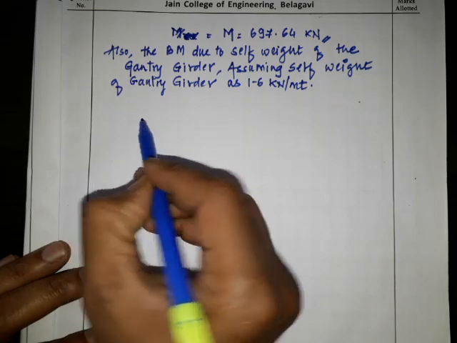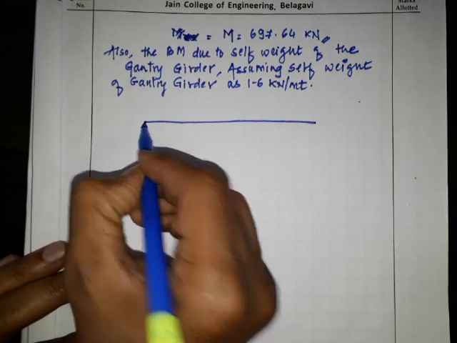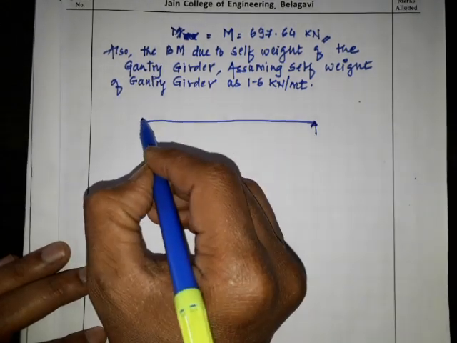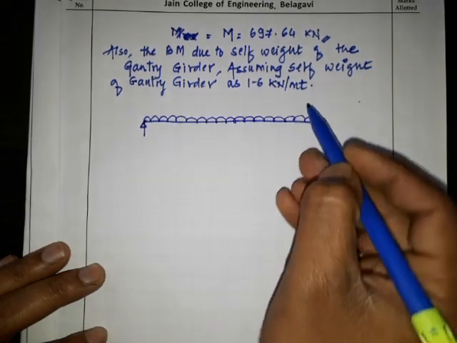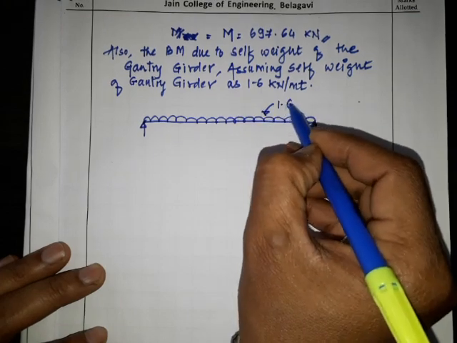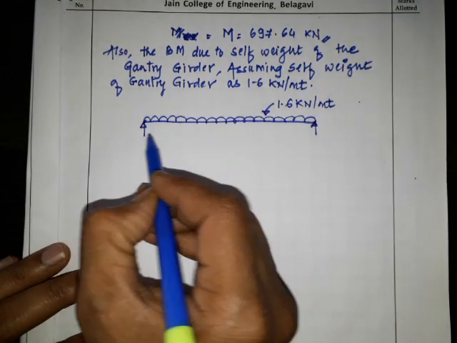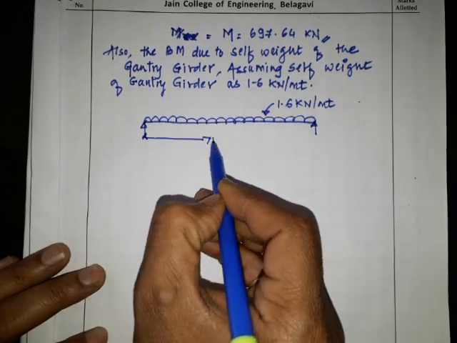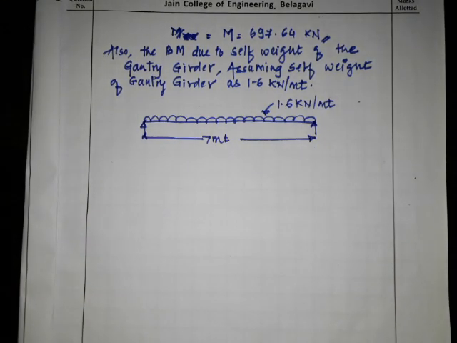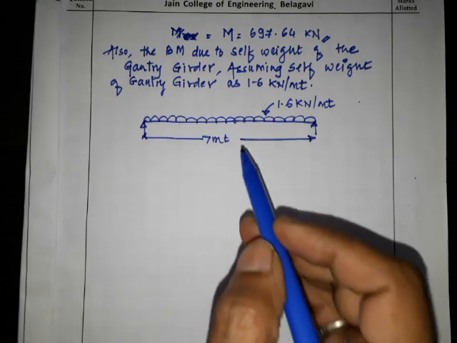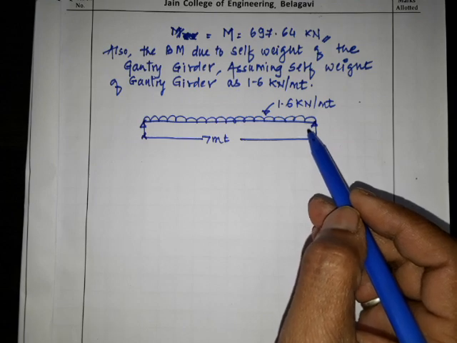So the self weight of the gantry girder, here we have to consider as a UDL, and that self weight is 1.6 kilonewton per meter, and the span is again from here to here, 7 meter. So therefore the bending moment will be like a beam loaded with a uniformly distributed load.